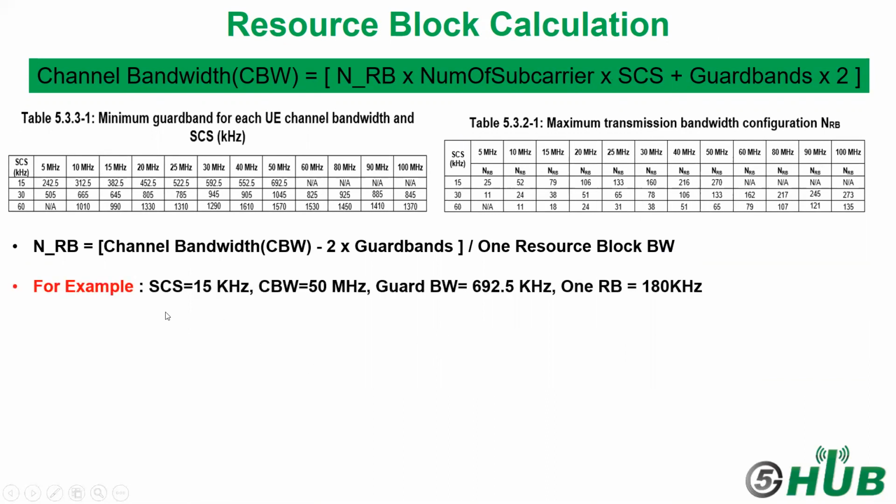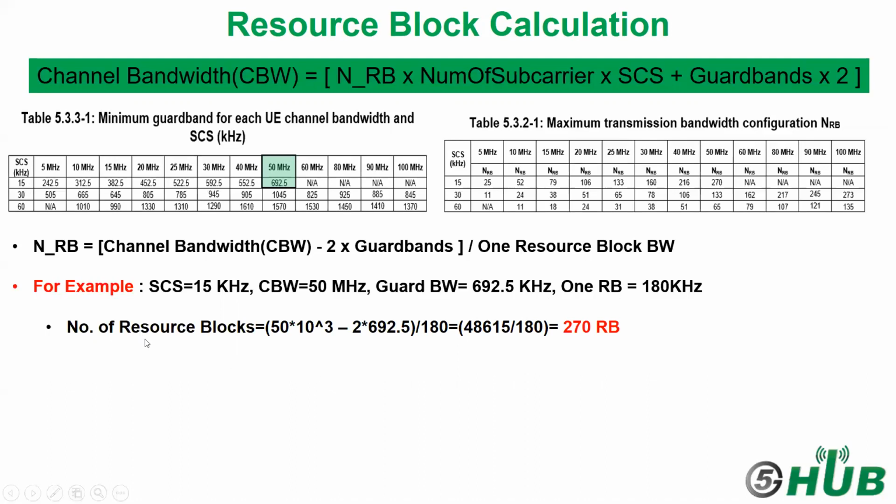Here, for example, if we have subcarrier spacing 15 and the channel bandwidth 50, we will have guard band 692.5 kilohertz, and for subcarrier spacing 15, actually we have one resource block as 12 multiplied by 15, so you will have 180 kilohertz. So the number of resource blocks here will be, as per this equation, 270 resource blocks. This matches with the table of number of resource blocks.